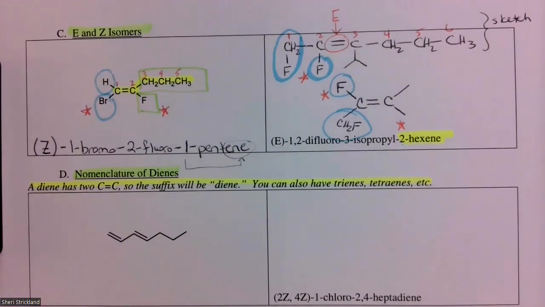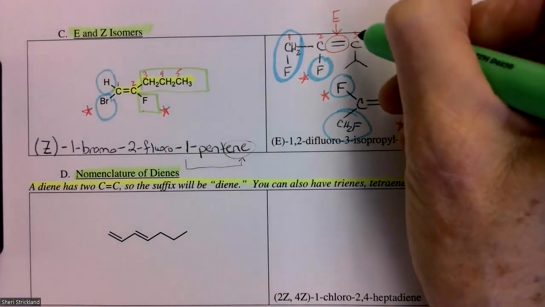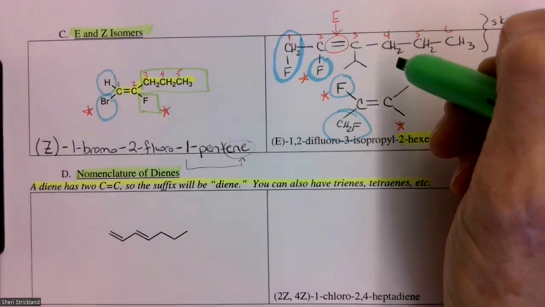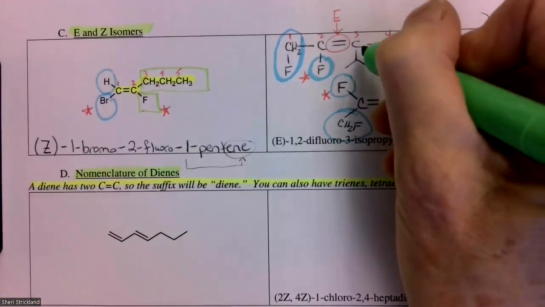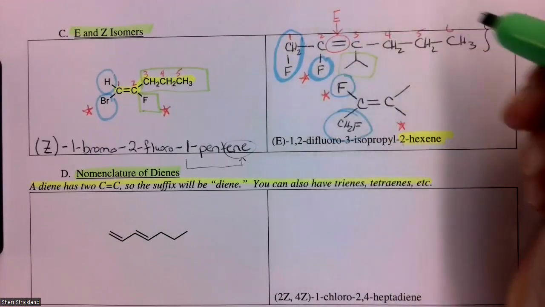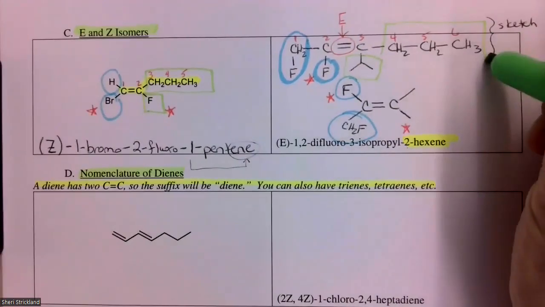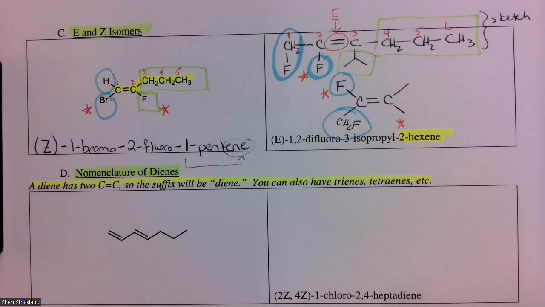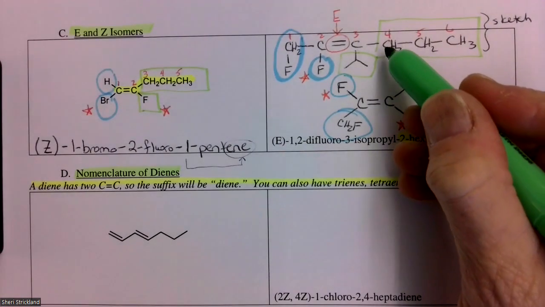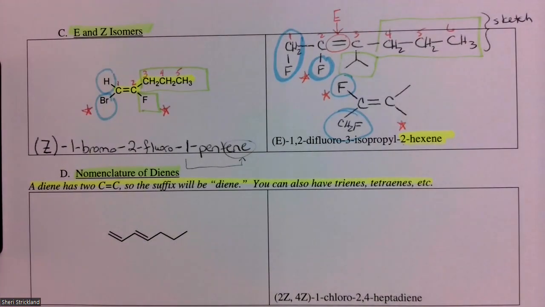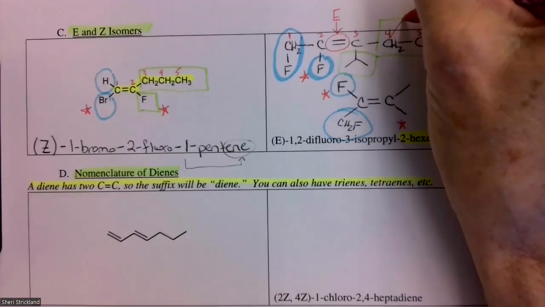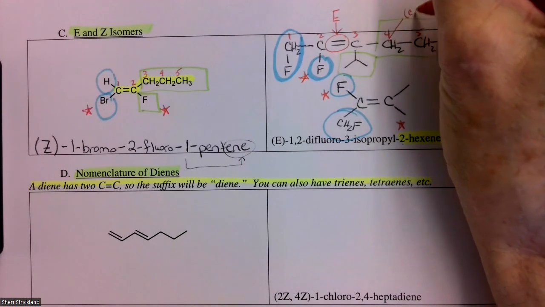Let's see what we've got attached to this sp2 carbon. Well, we've got an isopropyl group, and we've got this regular propyl group. Moving away from the sp2 carbon, this one is carbon, hydrogen, hydrogen.